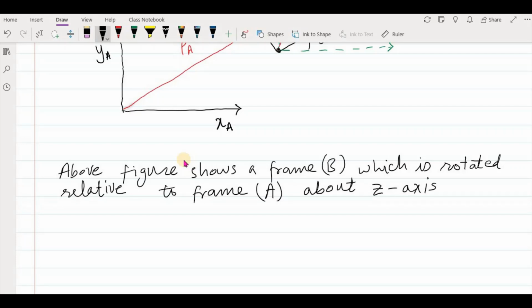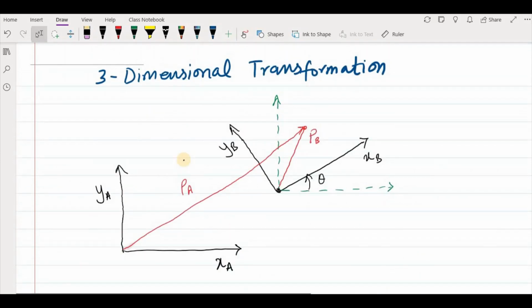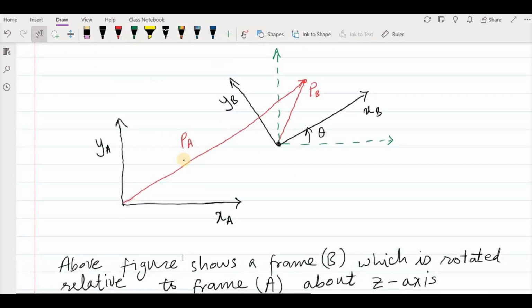Now, as I said, this is a three-dimensional example, but I didn't draw the third axis here, because we are taking rotation about the z-axis. But you can draw it here also if you want, like this.